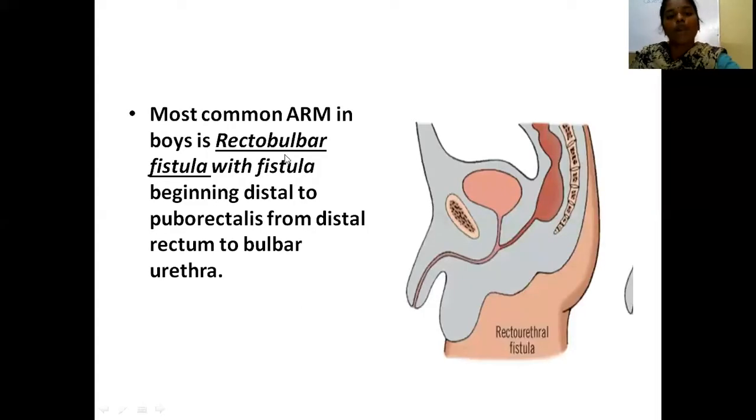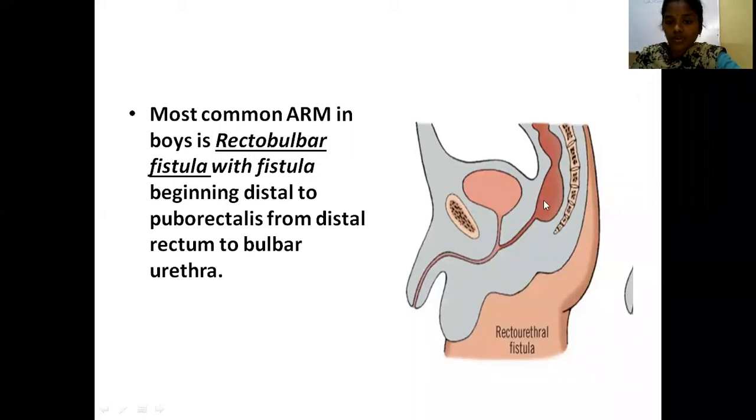So the most common anorectal malformation in boys is rectobulbar fistula, that is communication between the rectum and bulbar urethra, with the fistula beginning distal to the puborectalis, that is at the level of puborectalis, from the distal rectum to the bulbar urethra.